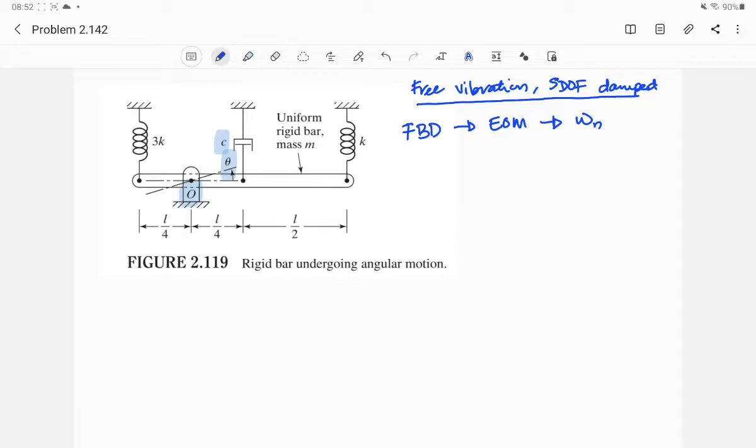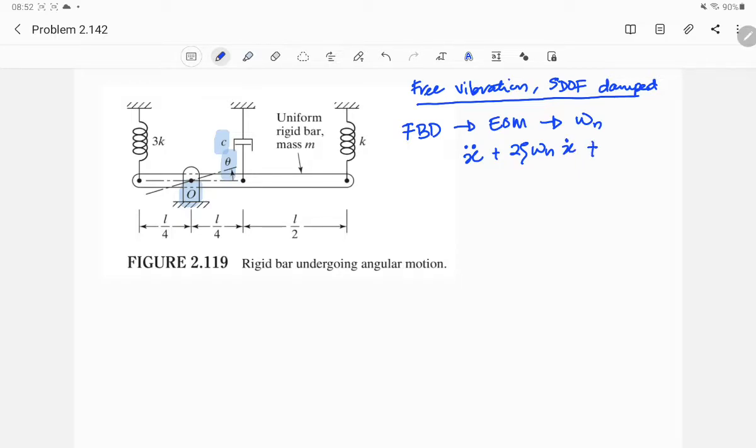So let me just recap the overall for a free vibration, the general form of how you're going to get the natural frequency. If you have a linear system, you can write x double dot plus 2 zeta omega n x dot plus omega n squared x.